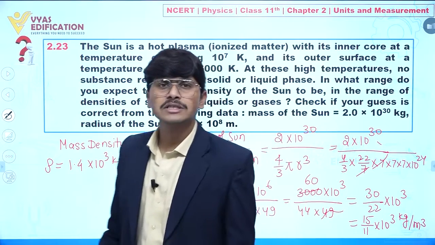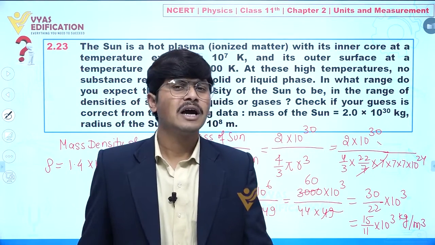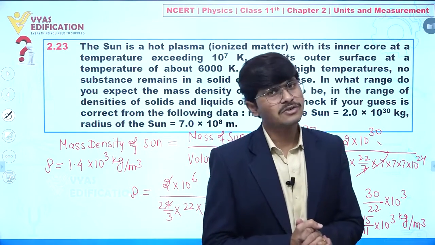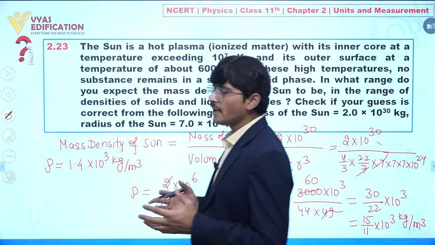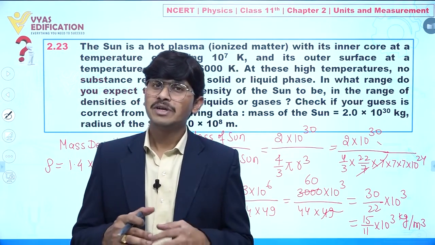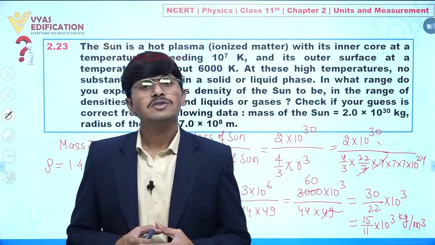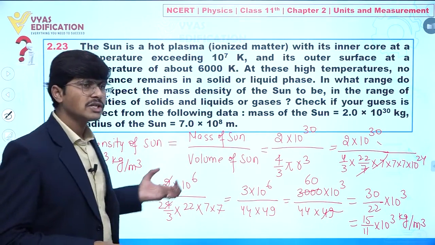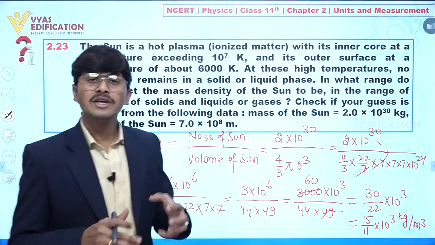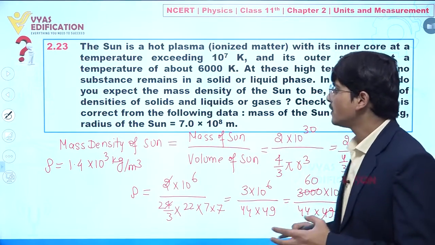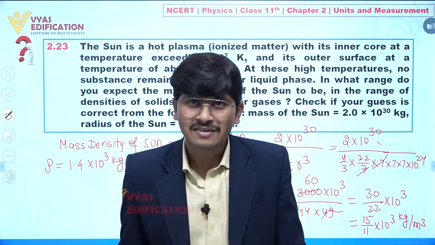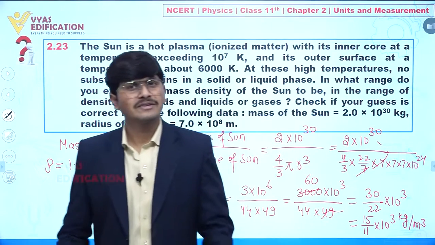Sir, in the inner core of the sun we have a temperature of 10 to the power 7 Kelvin and at the outer surface 6000 Kelvin, so how can the density lie between the range of solid and liquid? Actually, the gravitational attraction exerted by the inner layers of the sun on the outer surface is very large. So the mass density of the sun is very large, lying between solid and liquid. So this is all about this question.